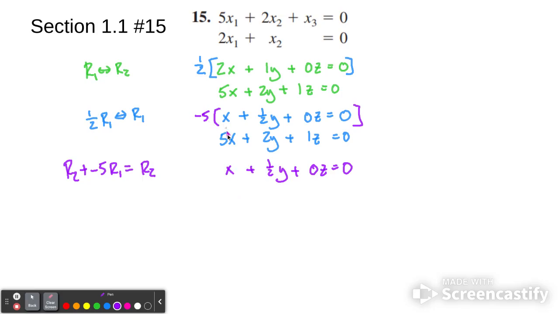So -5x plus 5x, those x's are gone, so that gives me 0x. Then -5 times positive 1/2 is -2.5, plus 2 gives minus 1/2 y. I'll put a minus sign there instead, just for good housekeeping. -5 times nothing is nothing. Plus 1 is plus 1z, and that equals 0.